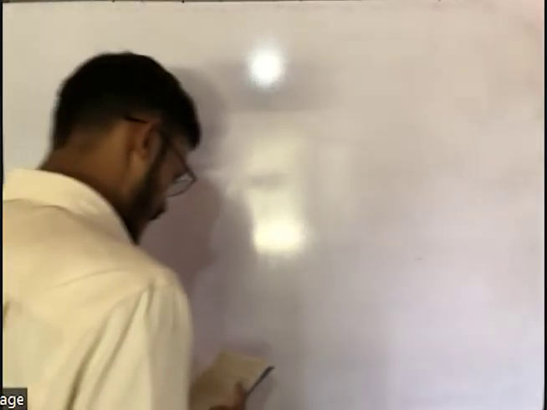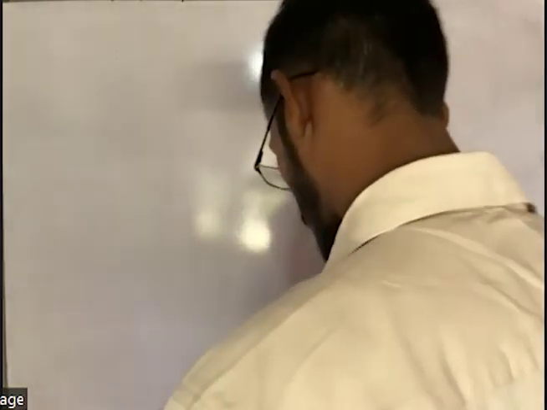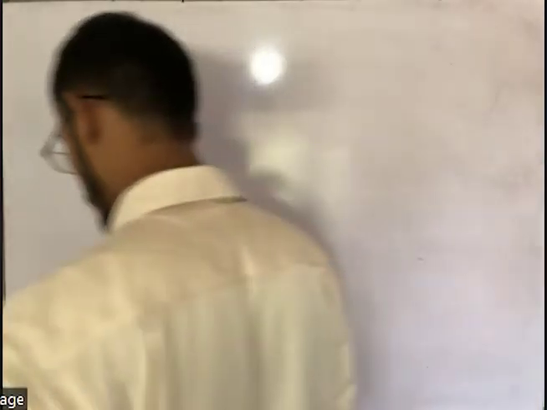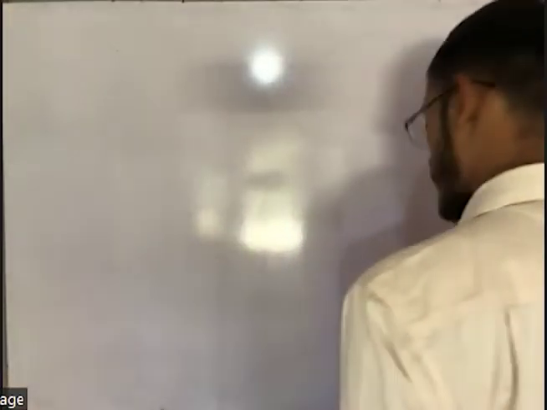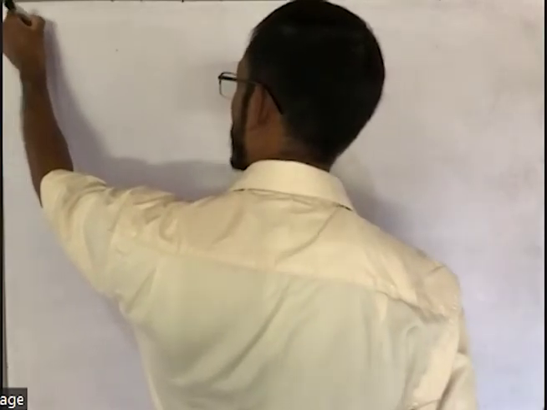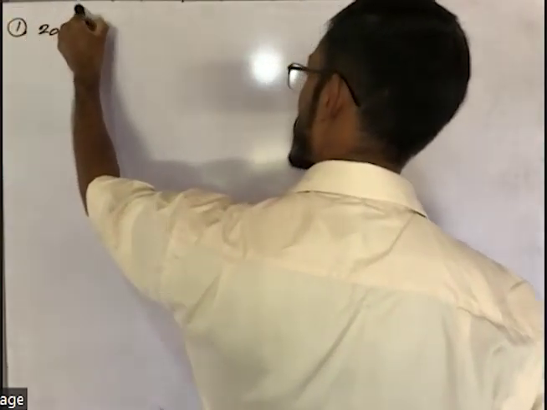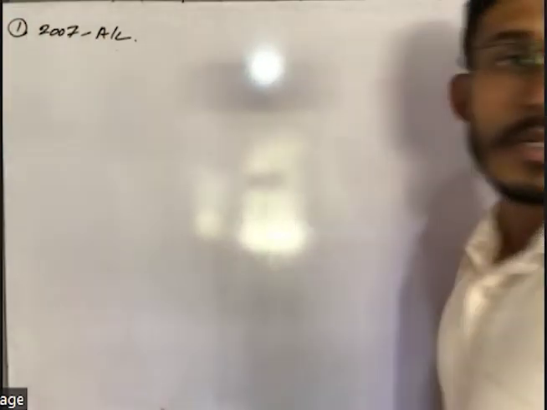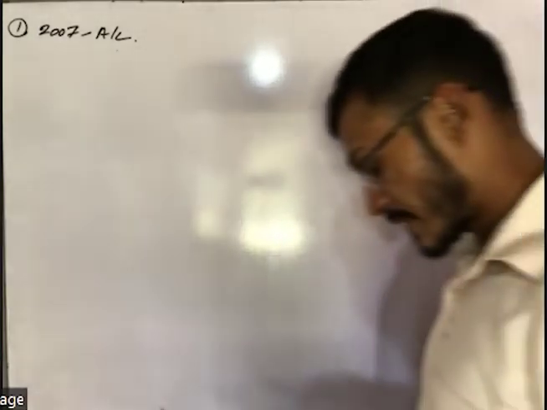Right. So first write down this. Let's do the 2007 A level question. 2007 past paper, essay question. First essay question, part A. Right. So write down 2007 A levels. Right.